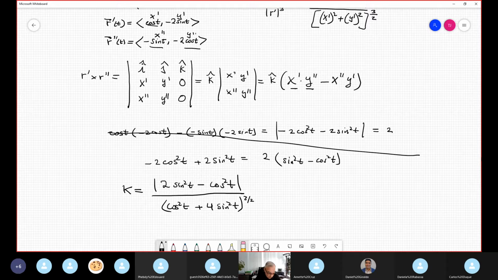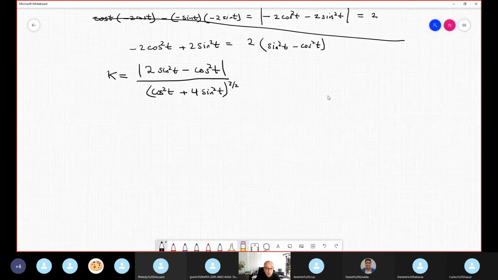Okay, this is the general formula for the curvature for the ellipse. However, I want to find the curvature at t equals 0.